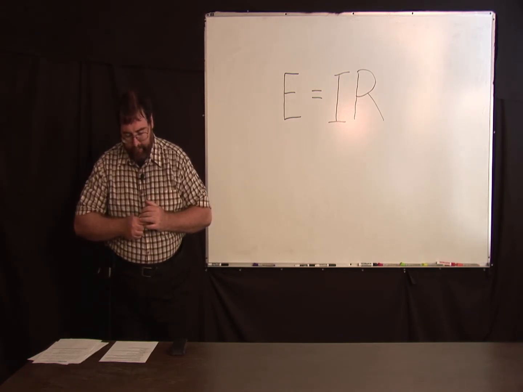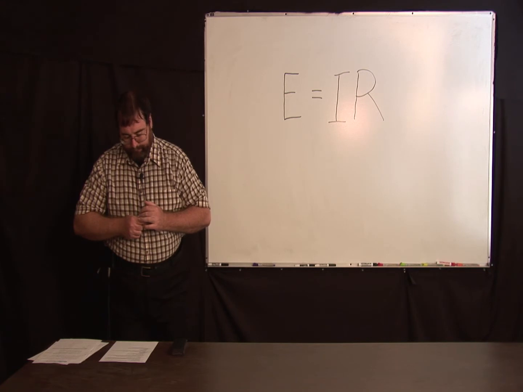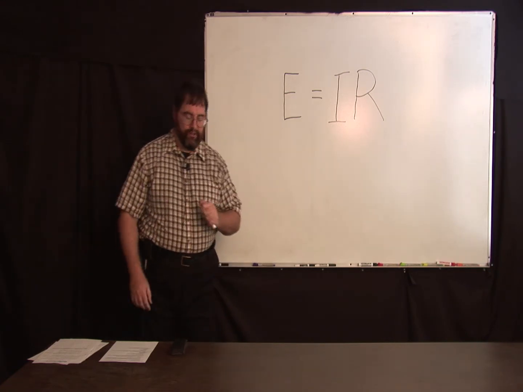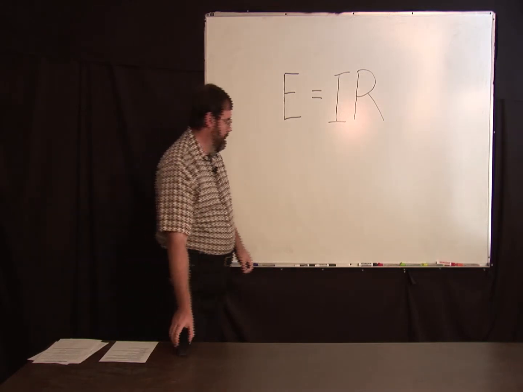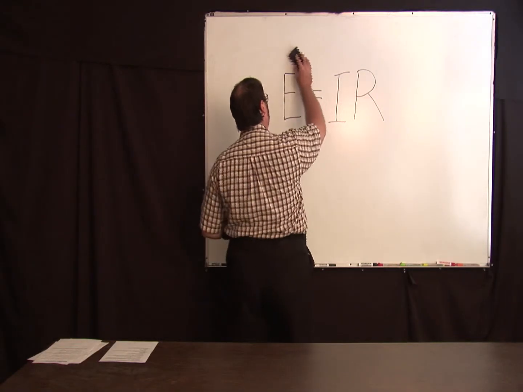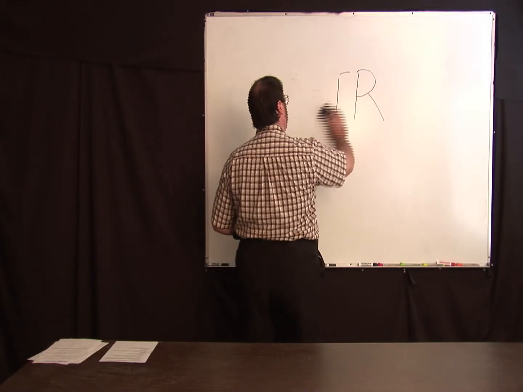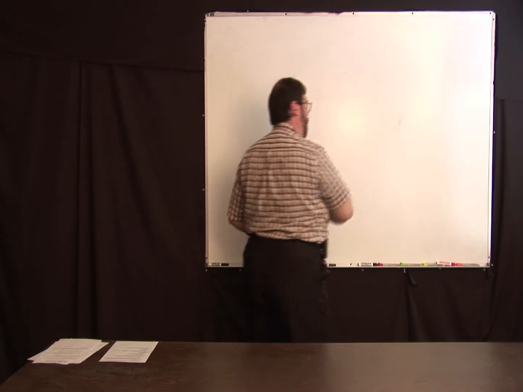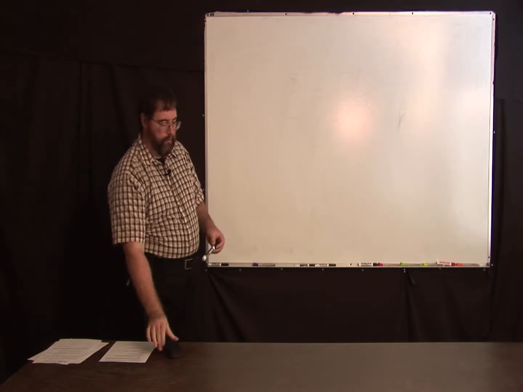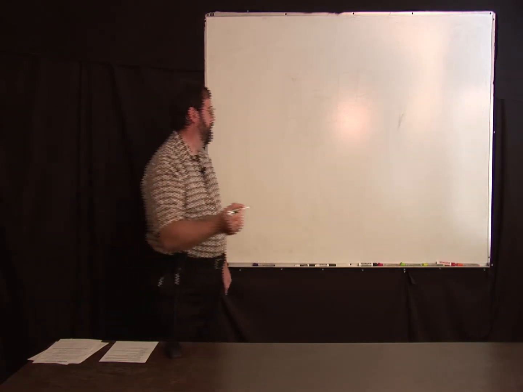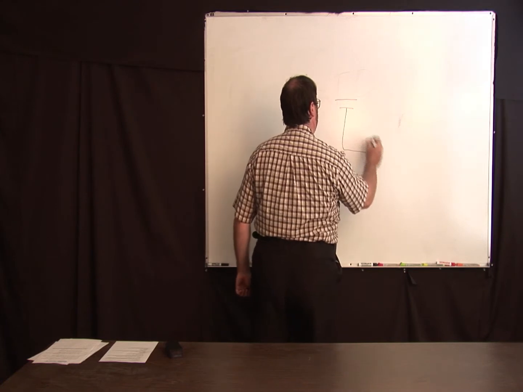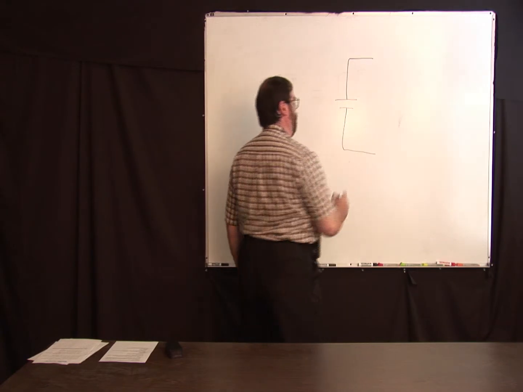The first thing we want to talk about is analogies. A lot of times, electronic circuits are talked about in analogy with water. For instance, this is the symbol for a battery. It produces what's called a voltage.